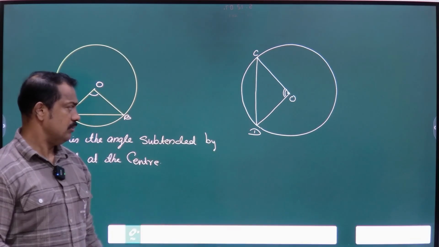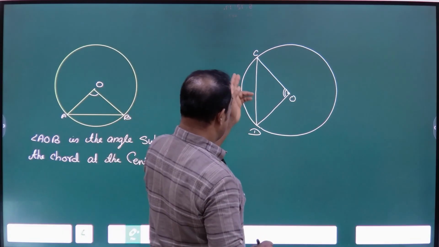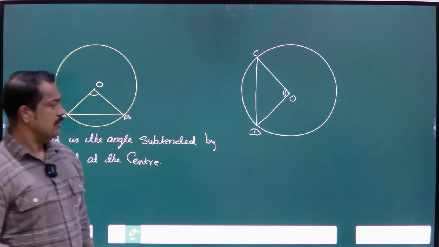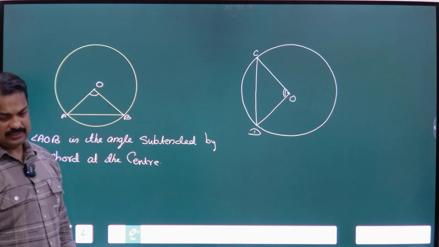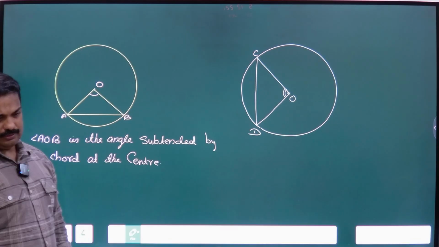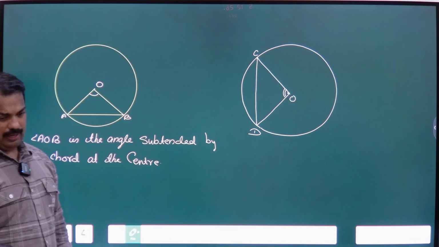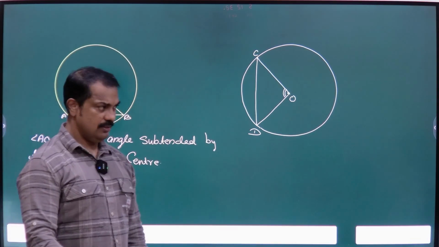ये भी ड्रॉ कर दो. Angle COD is the angle subtended by the chord CD at the center. Clear?